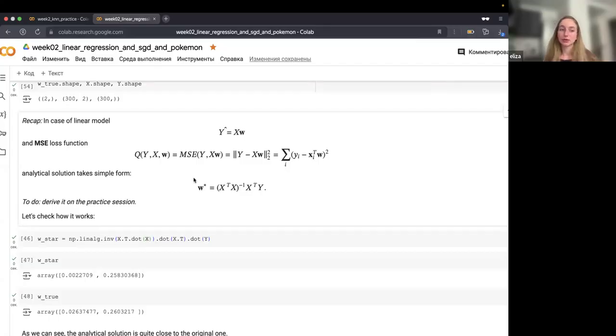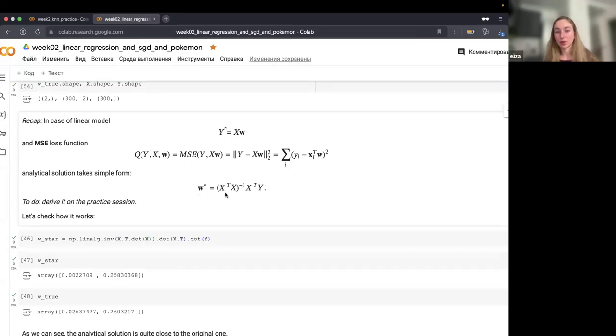And sometimes when we have little data, it's a really good solution because with this expression you get the optimal solution for your weights.